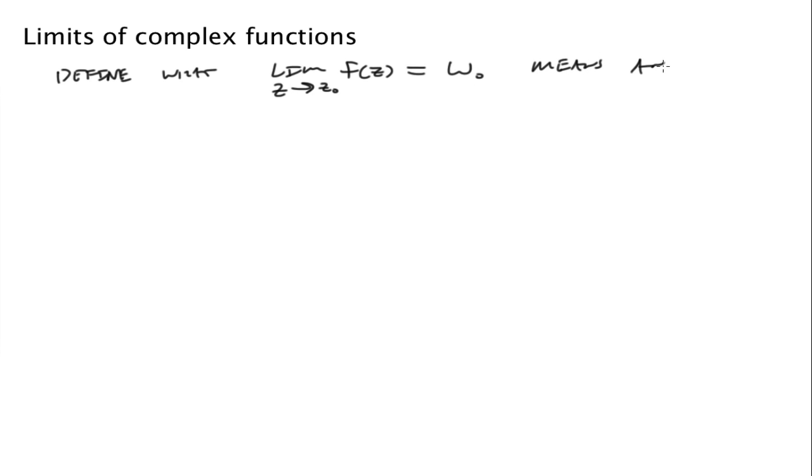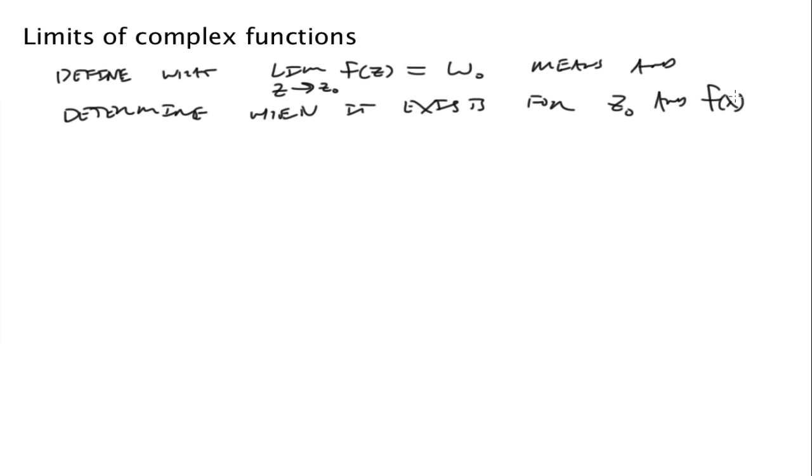And so what we want to do is define what the limit as z goes to z naught of f of z equal to what we'll call w0 means, and determine when it exists for z naught and for a particular function f of z.